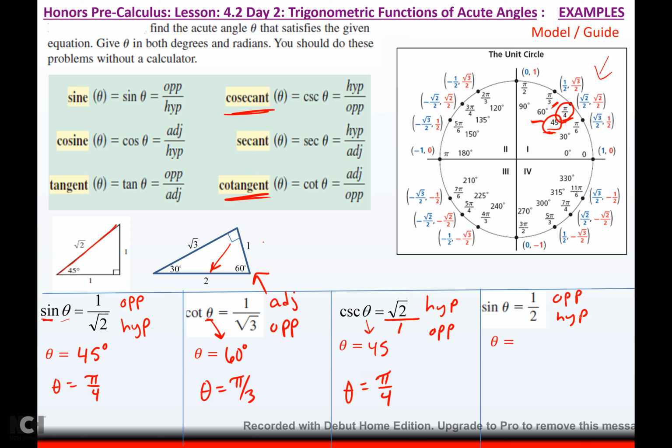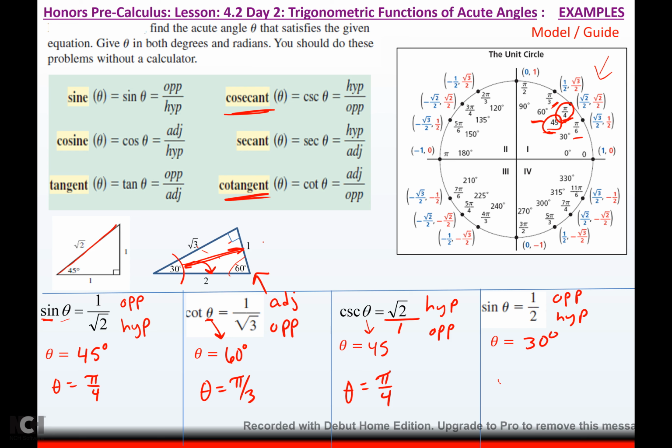So hypotenuse is 2 and opposite is 1. So I can't use the 60 because opposite of 60 is the square root of 3. The one that's opposite, that's 1, is opposite of the 30 degree. So I want opposite is 1 and hypotenuse is 2. So my theta would be 30 degrees.